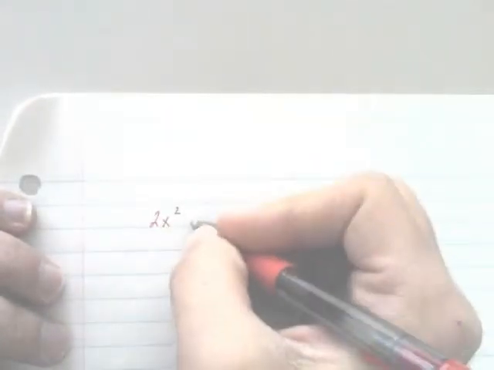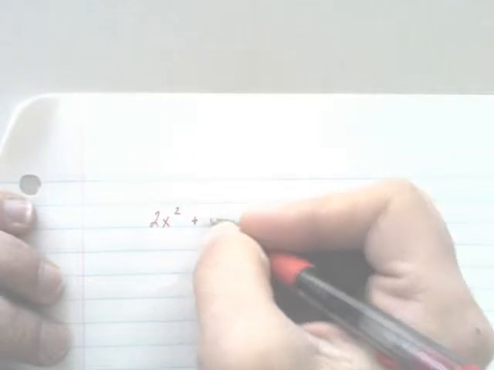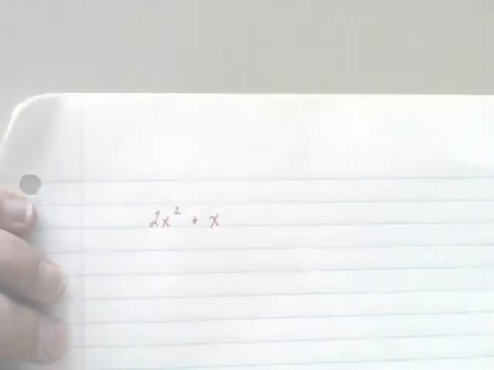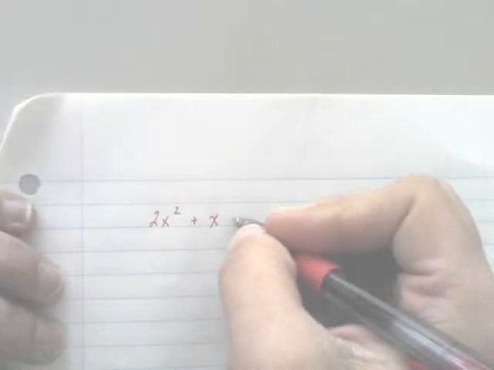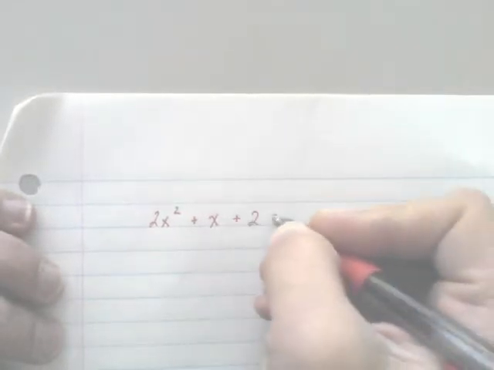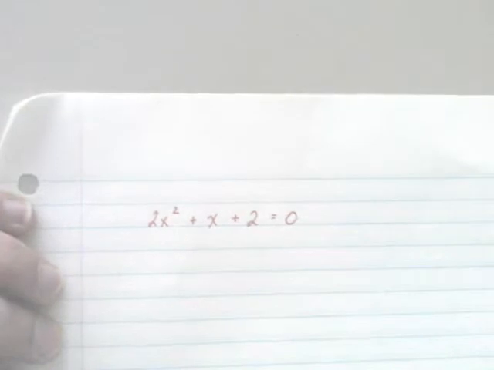Okay? Let's try a similar problem where we're using the quadratic formula. So 2x squared plus x plus 2 equals 0.